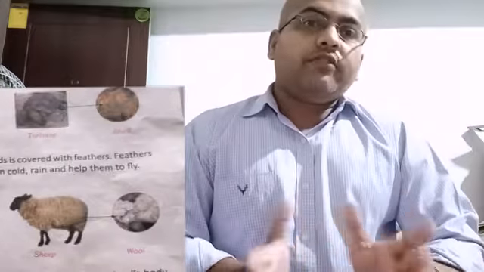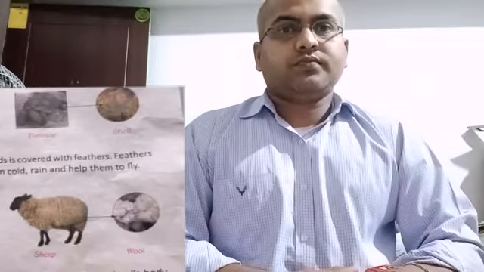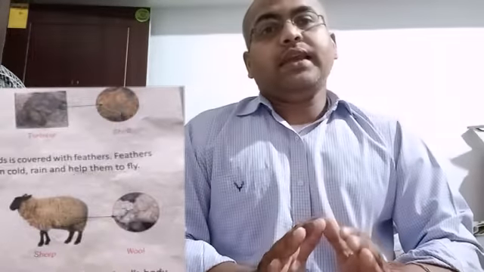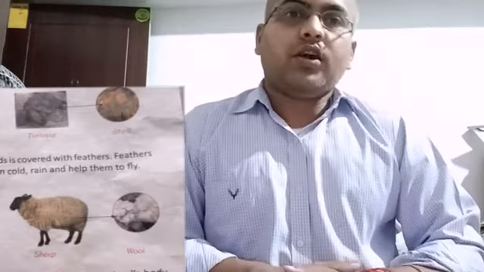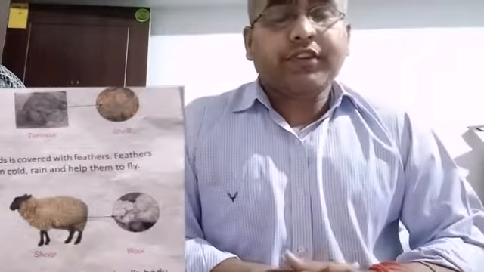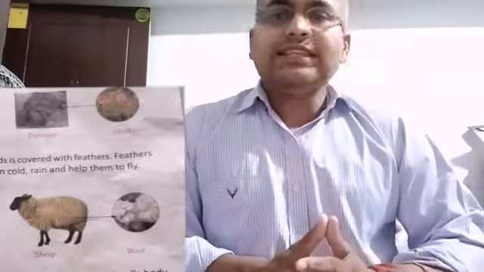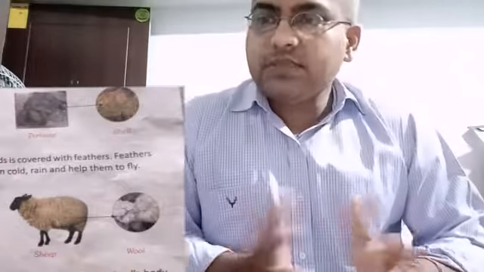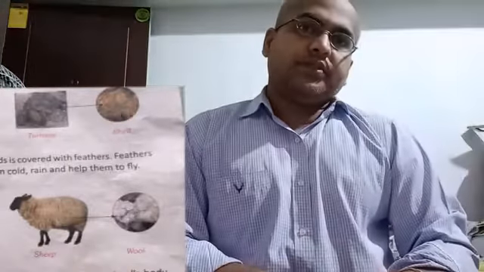So the body covering of fish is such that it gets protected from the effect of water. The fish body is covered with scales which are flexible and overlapping.